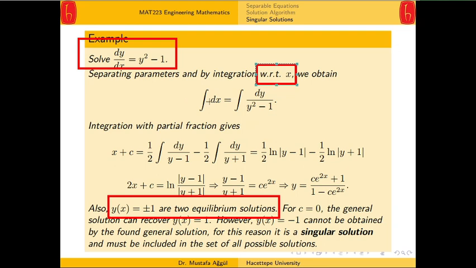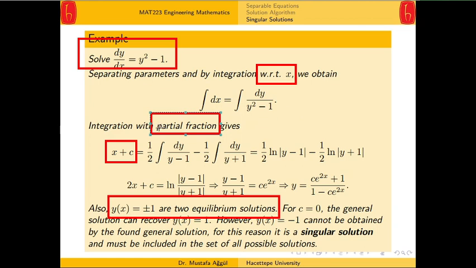Okay, so now when we take the integral, we will see x plus c on the left hand side, because we have a 1 hidden here. On the right hand side, if you integrate this with partial fractions, 1 over y squared minus 1 can be rewritten as 1 half times 1 over y minus 1 minus 1 half times 1 over y plus 1.